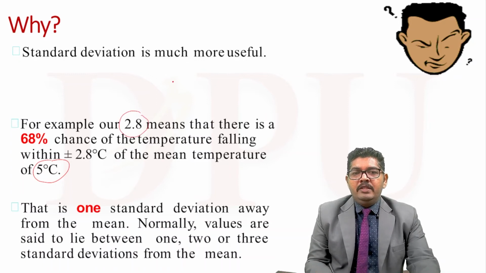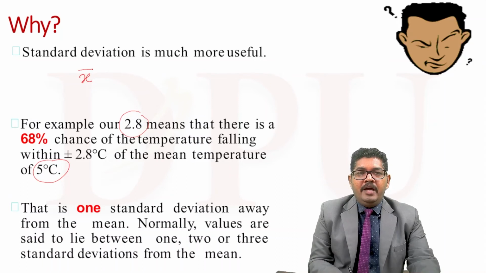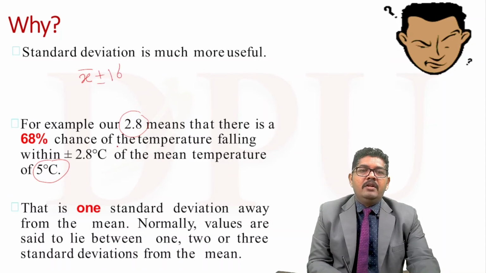When we calculate x bar, that is the arithmetic mean, plus minus 1 sigma, that is 1 standard deviation, there is a 68% chance of the temperature falling within this range. So 68% of the observations will fall in this particular range. This is sigma, not 6.